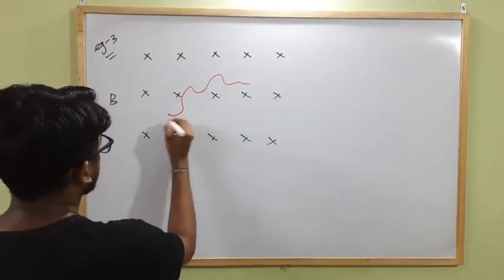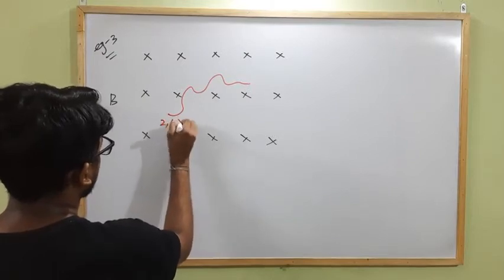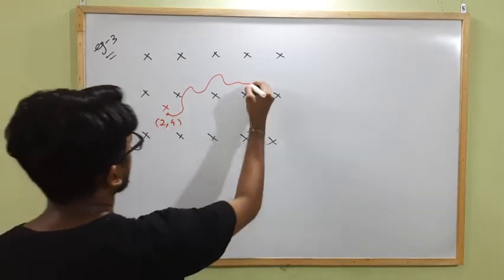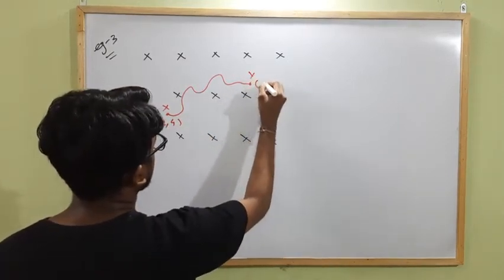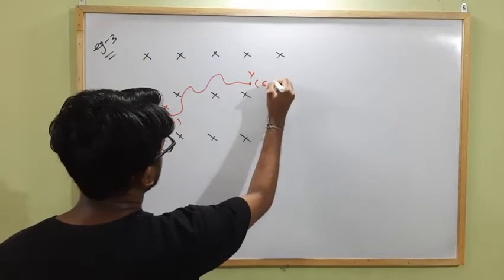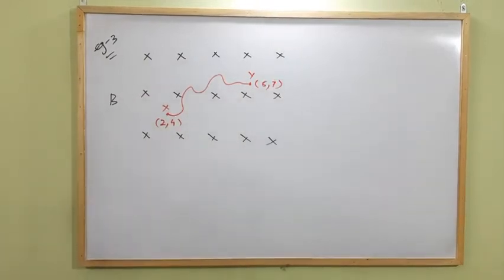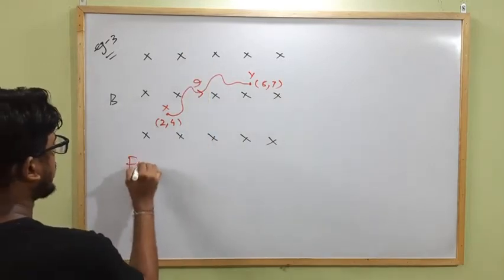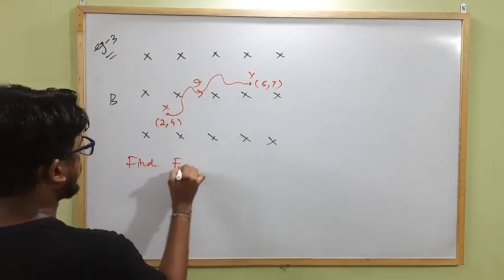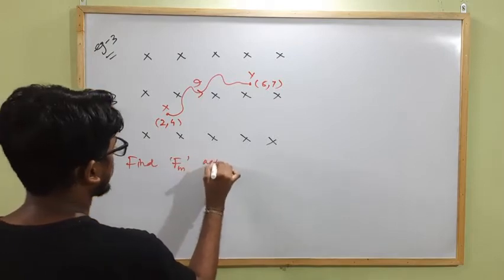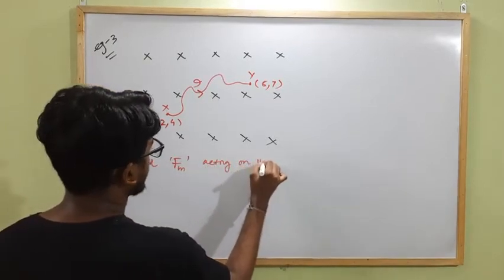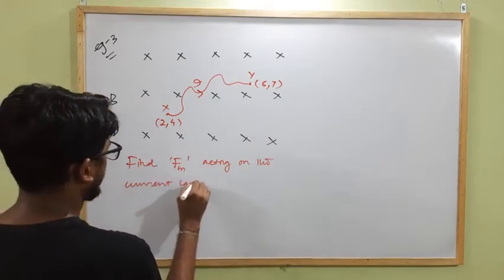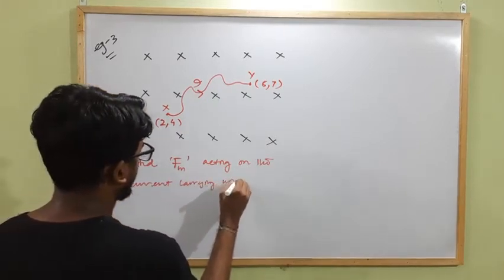The initial point X has coordinates 2, 4, and the final point Y has coordinates 8, 7. Current I is flowing through it. Find Fm, the magnetic force acting on the current carrying wire.